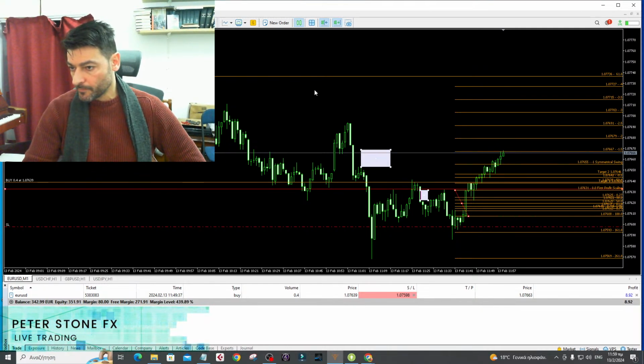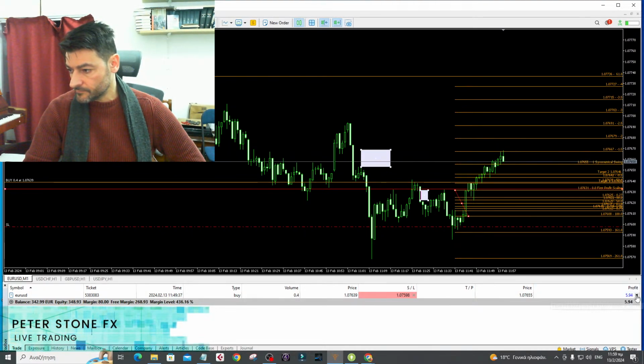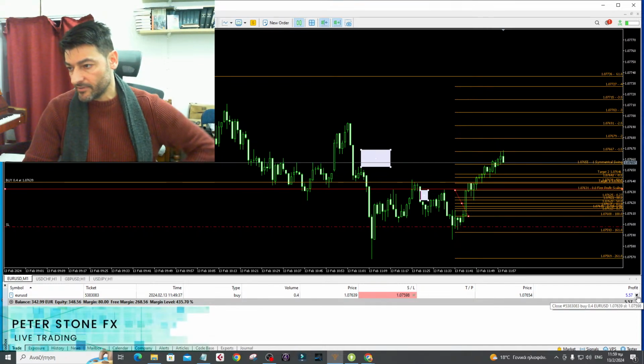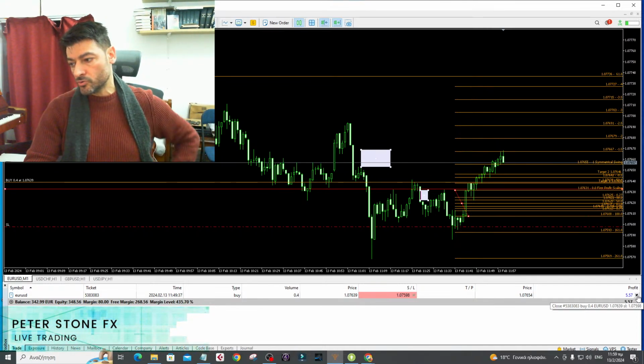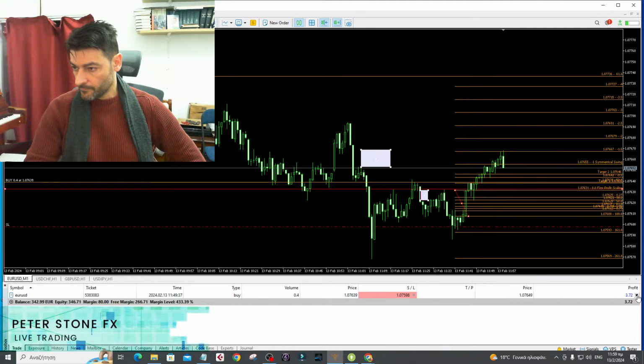Sorry. But here is a very strong mitigation block and fair value gap. Let's see. I'm not risking a lot because it's news. 30 seconds.